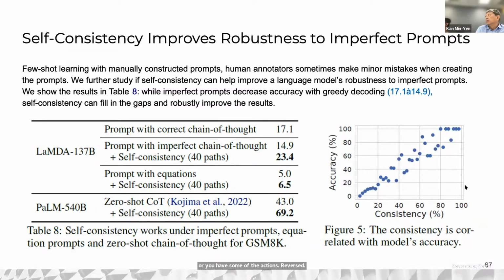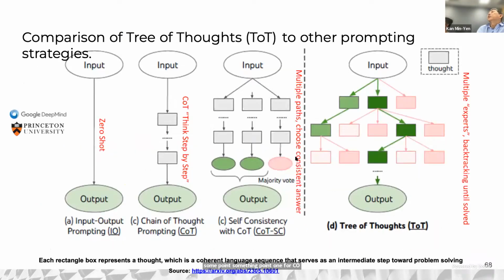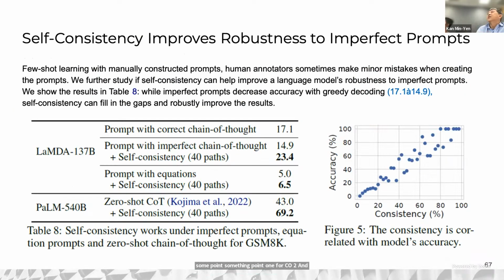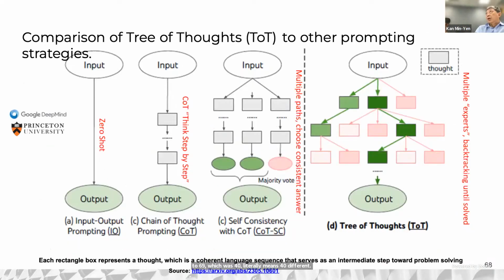In fact, the accuracy jumps quite a bit, up to 17.1 for COT, and self-consistency jumps to about 23. We'll see some more of that as well. Up to 69 with 40 paths, which literally means 40 different varieties of answers, and you vote on the best ones.